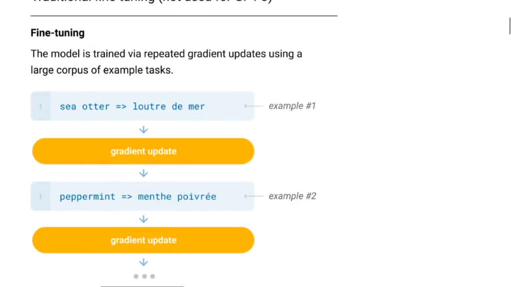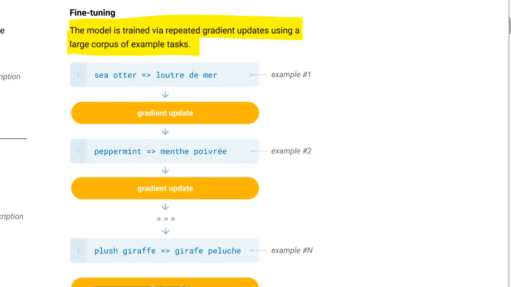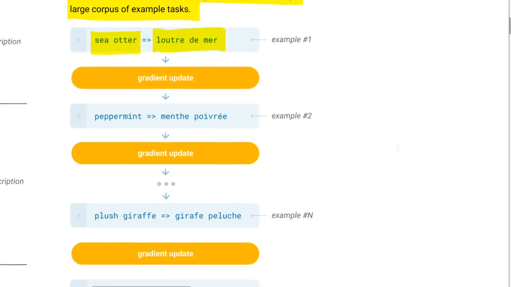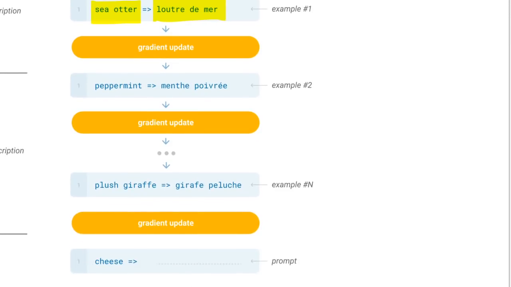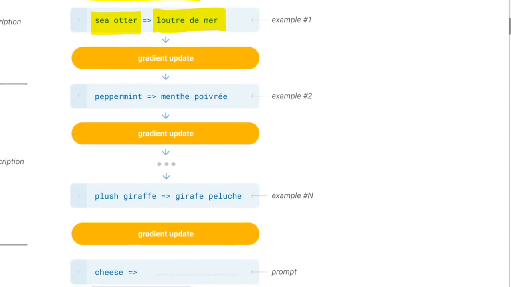That's what they display here. So in fine-tuning, the model is trained via repeated gradient updates using a large corpus of example tasks, right? So the example task right here could be translating to French. So in your training database of the translation task would be sea otter is called loutre de mer. And then you'd actually change your model.